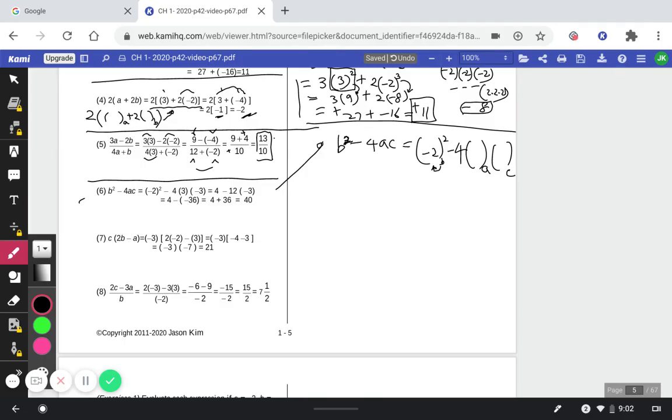So it becomes negative 2 squared minus 4 times a, which is 3, and c is negative 3. And then you do the order of operations. So you do the square first. So what is negative 2 squared? Negative 2 squared means negative 2 times negative 2, which ends up with positive 4.